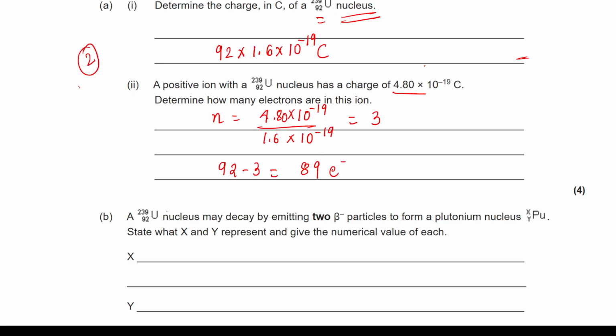A U-239 nucleus decays by emitting 2 beta minus to give a plutonium. Pu is plutonium. State what X and Y represent and give the numerical value of each. X is mass number. Mass number or nucleon number, which would be 239, because in a beta minus decay, the mass number does not change.